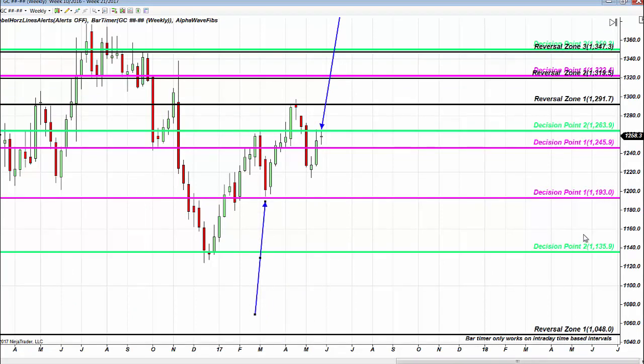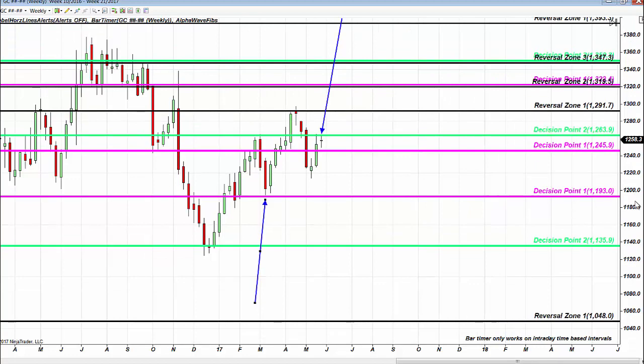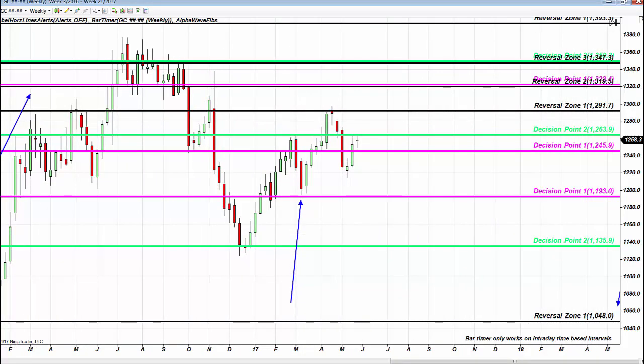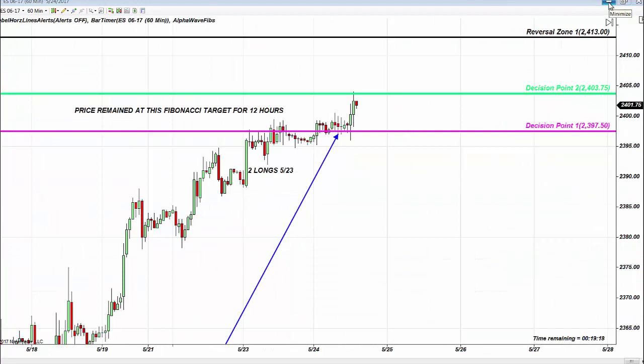Remember this support? What is the difference between S&P versus this chart? This is a chart that's been present in the trading room for years. It's a weekly chart. You don't have to wait weeks, you don't have to wait months to witness the accuracy of Fibonacci strategies.